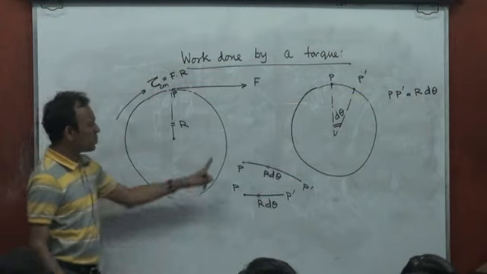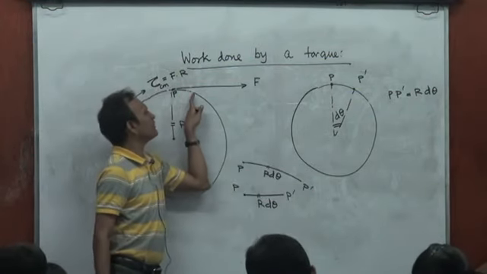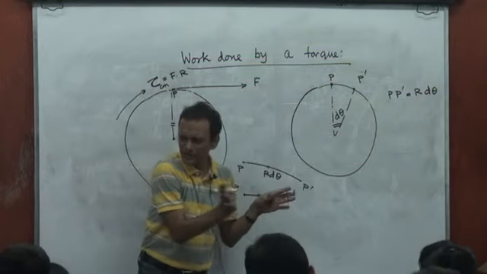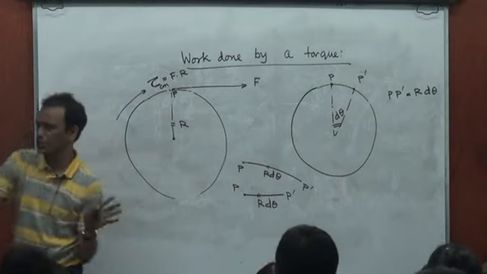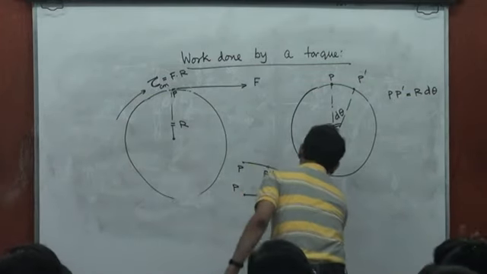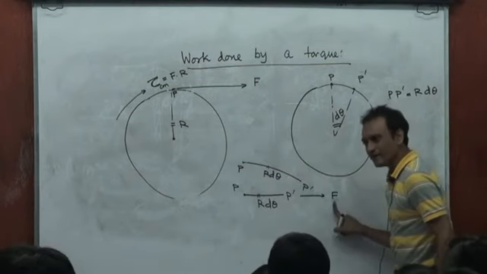This d theta is very small, so this arc is almost a straight line. PP prime would have hardly moved downwards. It would have been practically only a horizontal displacement, yes or no?